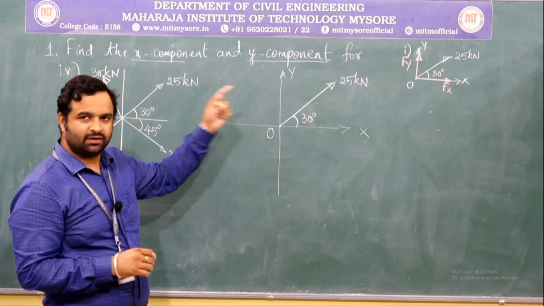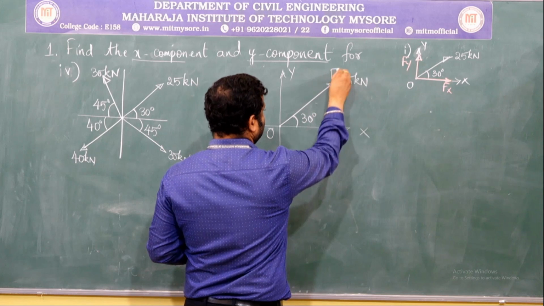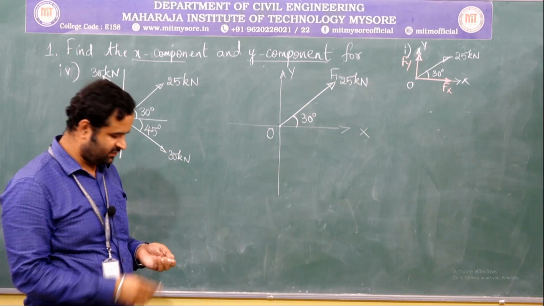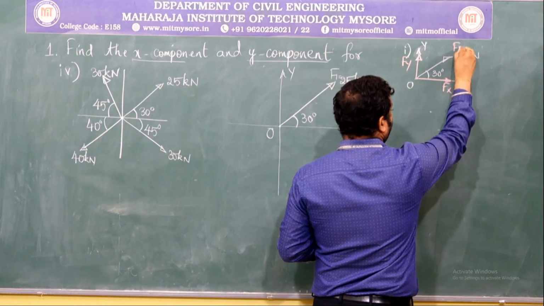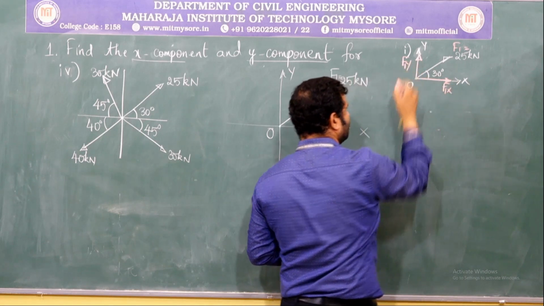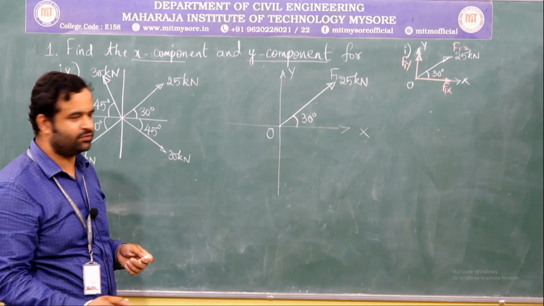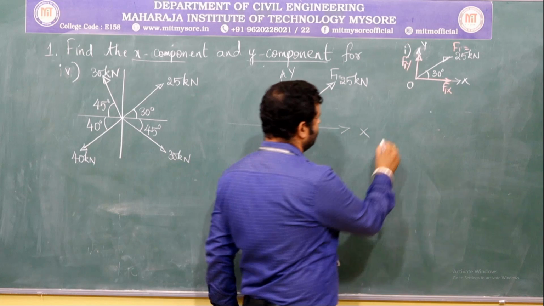Since we have 4 different forces, let me consider this as F1. Let me write this as F1x, F1y, so that you will not have any confusion. So F1 is equal to 25. Find its x component.